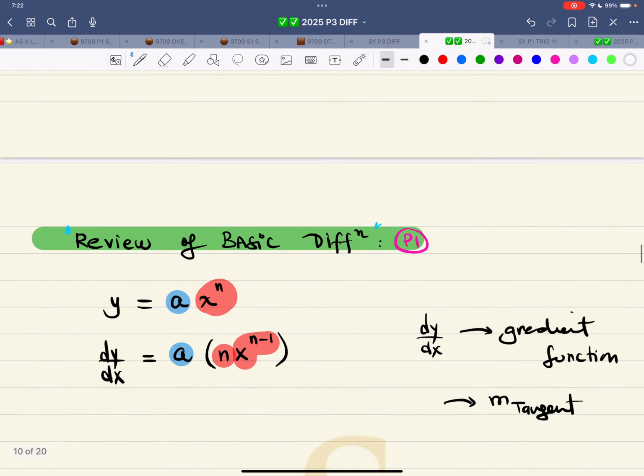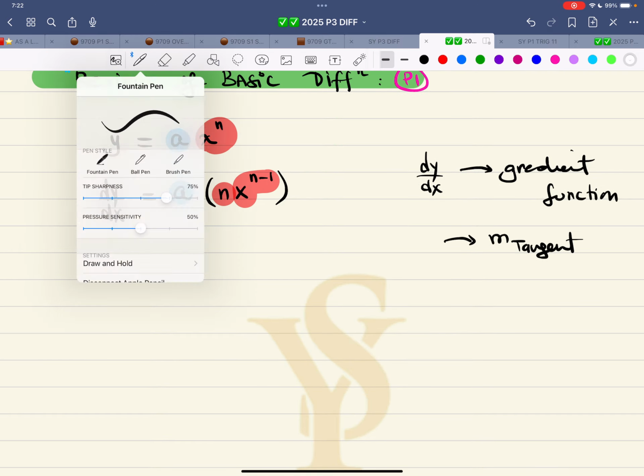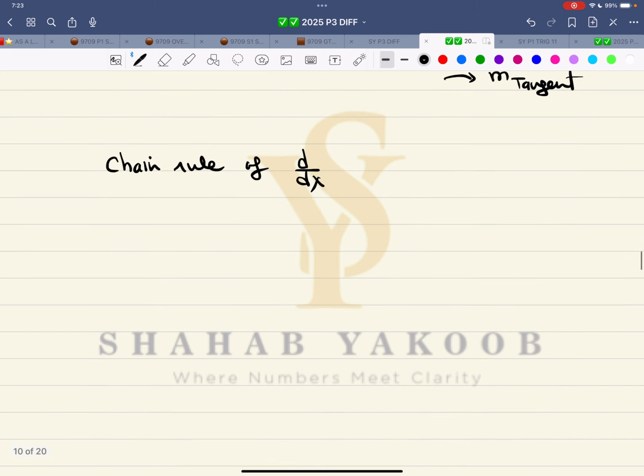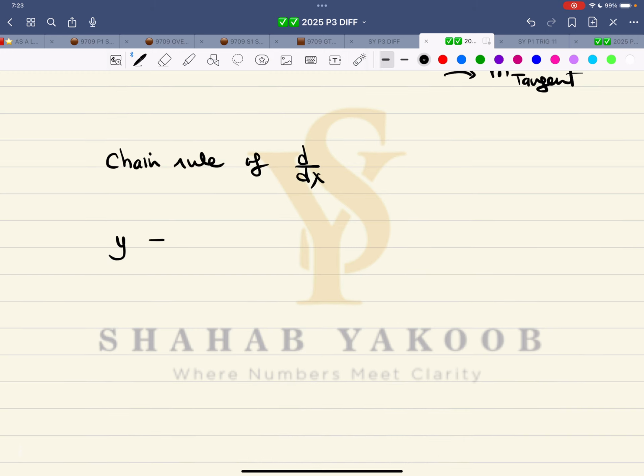Coming back to this, that is rule number 1, and there is also rule number 2, that is the chain rule of differentiation. What is this rule? y equals something inside the bracket raised to the power of n. For dy by dx, the power comes down, the bracket remains as it is, the power reduces by 1, and there is something that you should not forget.